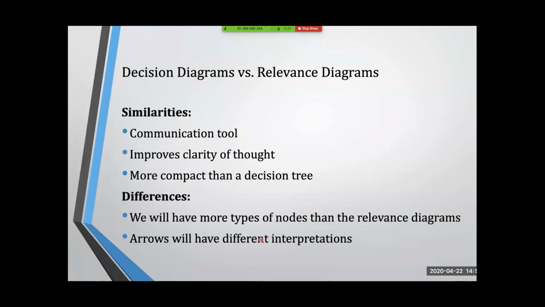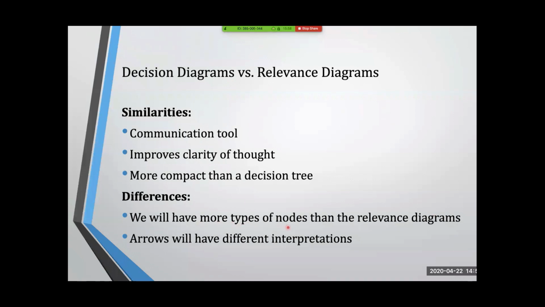Another thing is that, depending on the origin and the destination of an arrow, it may have different meanings, and you need to interpret the arrows in the decision diagram based on where it comes from and where it goes into.